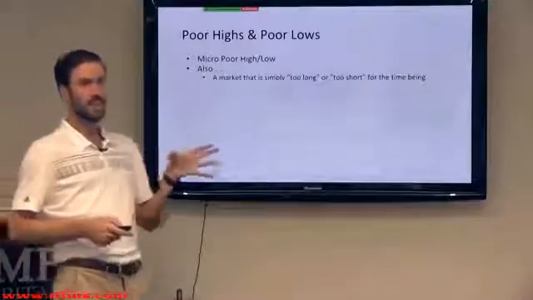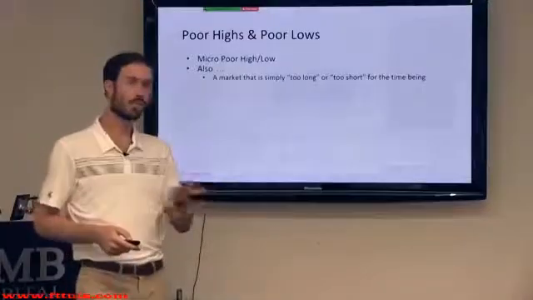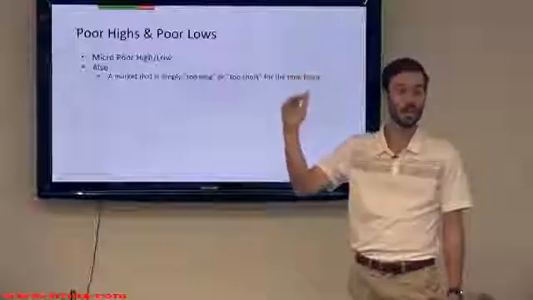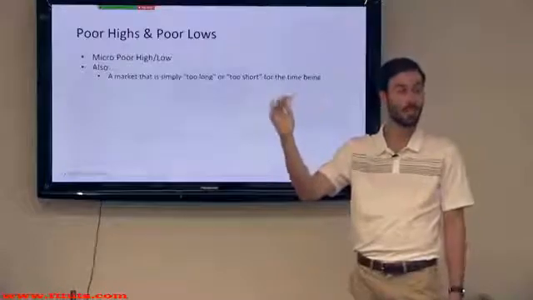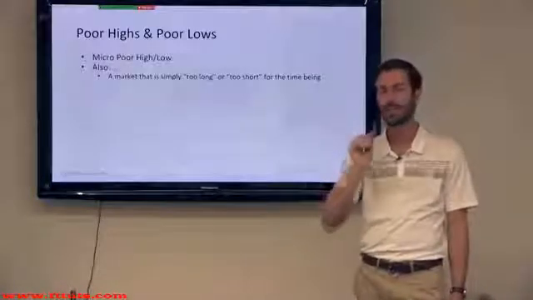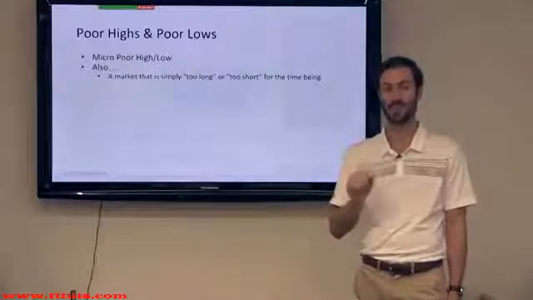So what they can tell us also, this is kind of counter to the fact that it needs to be revisited, but it's also a market that's simply too long or too short. If we think about the inventory of a market, it's where the market's trading up. Perhaps temporarily, those buyers run out of steam, and perhaps the sellers get aggressive, but not so aggressive to where we think it's a major turning point.